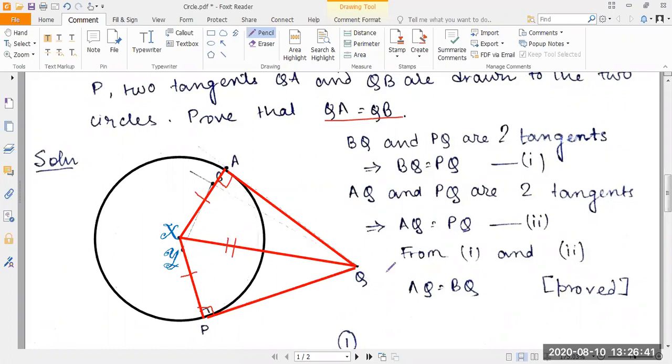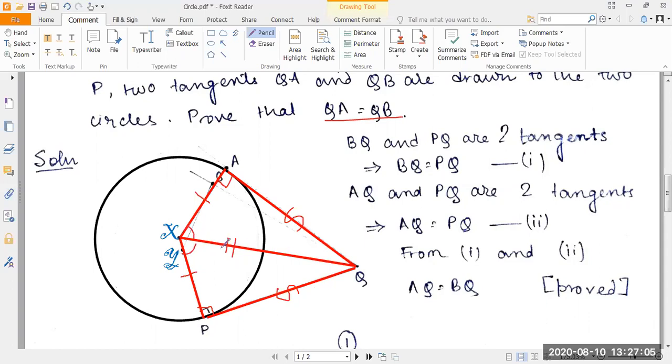And if these two are congruent, then AQ and PQ are equal because they are corresponding sides of two congruent triangles. And angle AXQ is equal to PXQ.